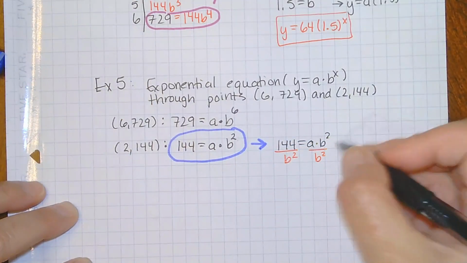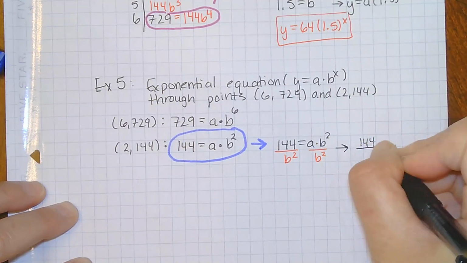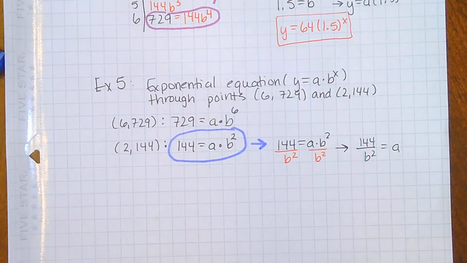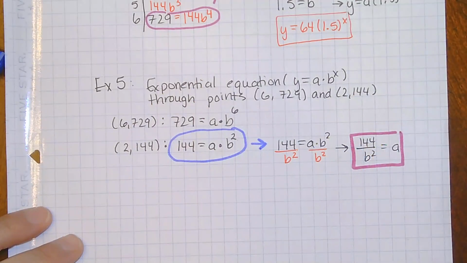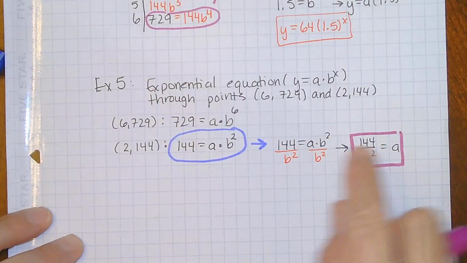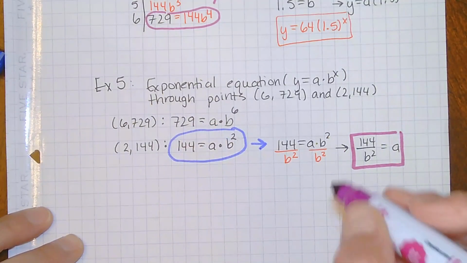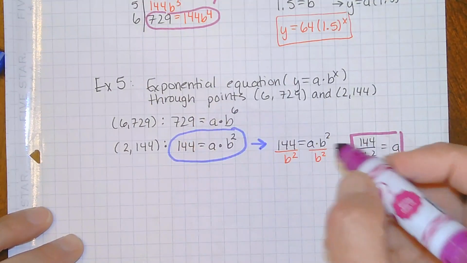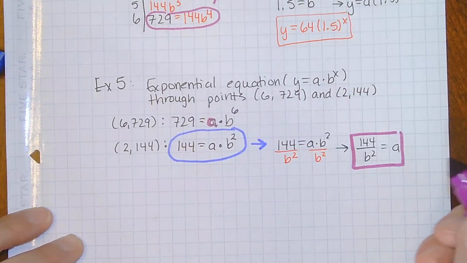And then I get that 144 over b squared is equal to a. So this equation here is one that I'm going to be using. I'm going to be substituting this into this equation for my A. Okay, it's going to go right there in place of my A.